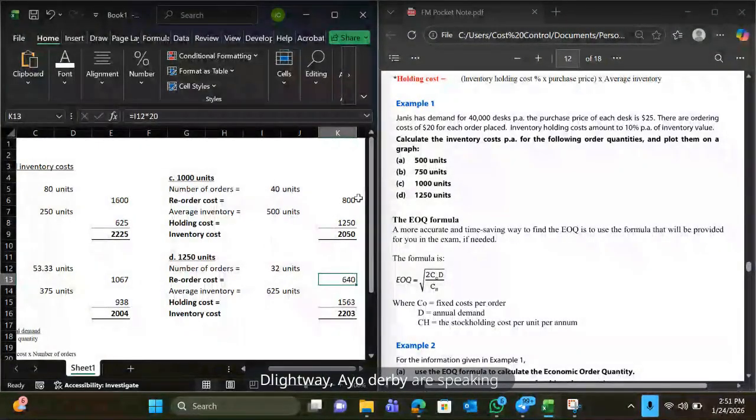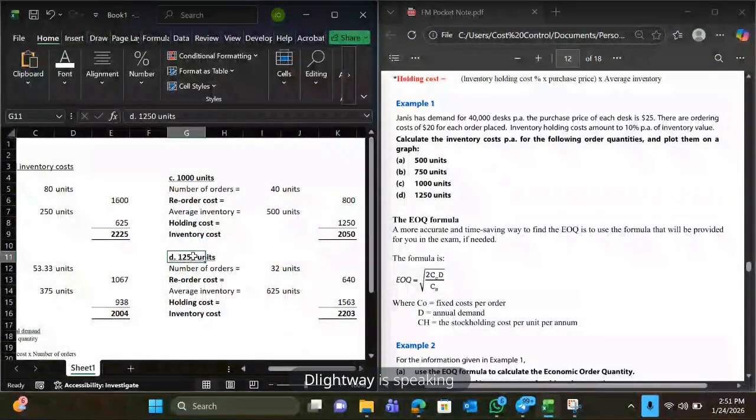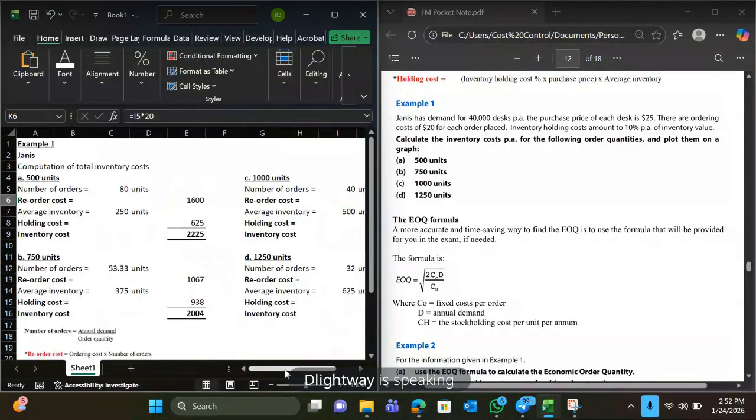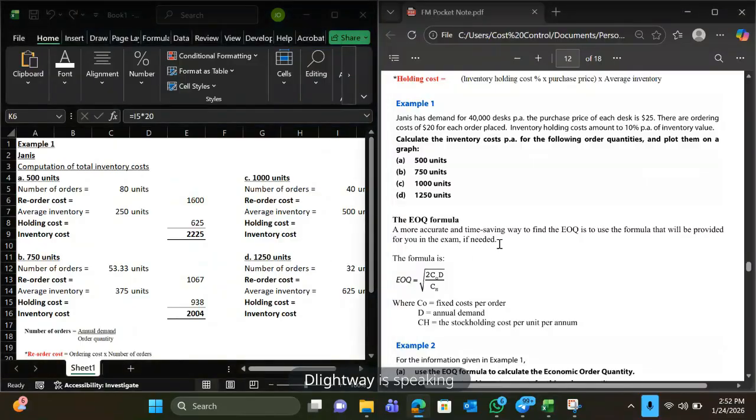The higher the number of orders, the higher the reorder cost. Do we get it? Then the higher the order quantity, the higher the inventory cost, the holding cost. We get that. So the higher the order quantity, the higher the holding cost. The higher the number of orders, the higher the reorder cost. So that's basically the explanation of what we just computed. Please, is it clear? And do we have any question on that?